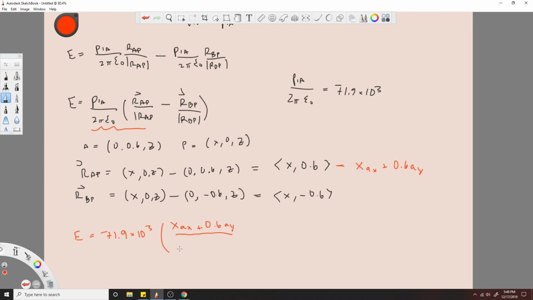Over, and then minus, so you can see right away that these x values are going to cancel because they're negative.